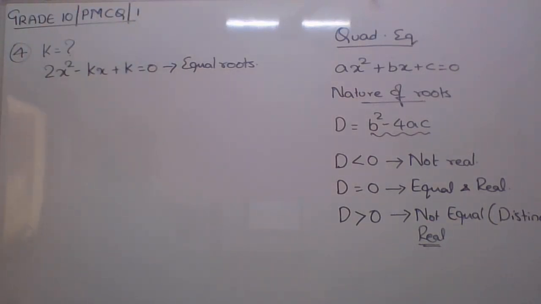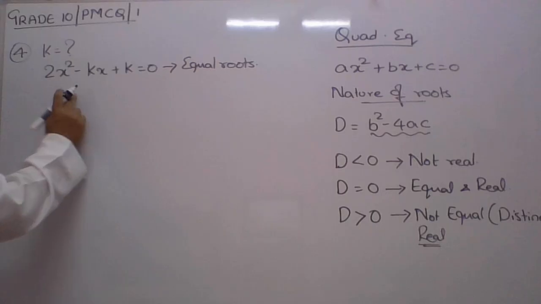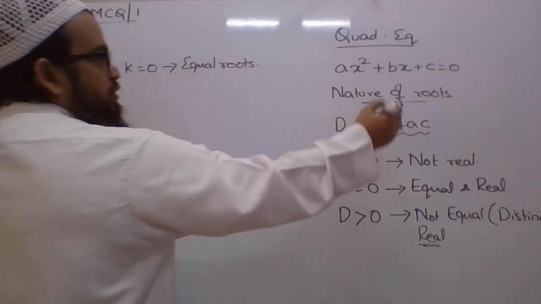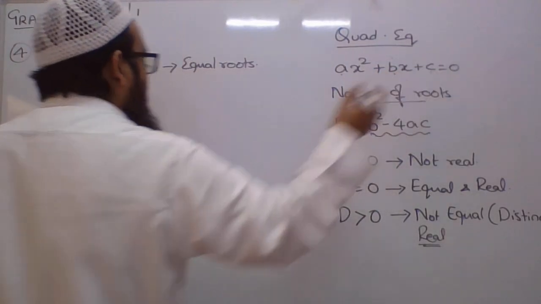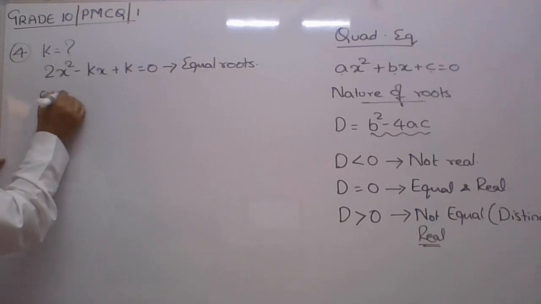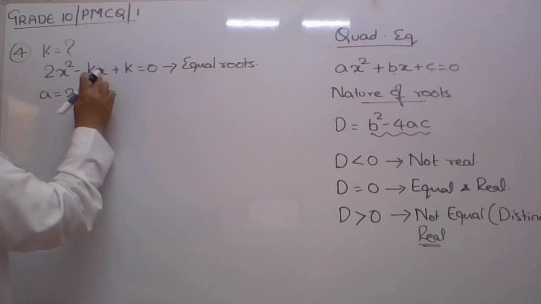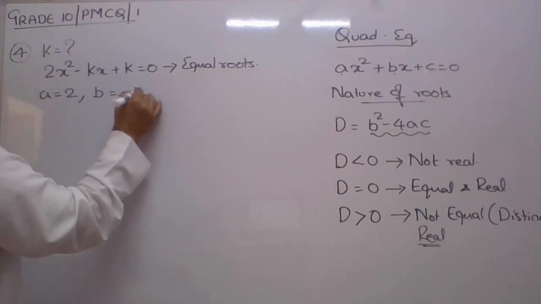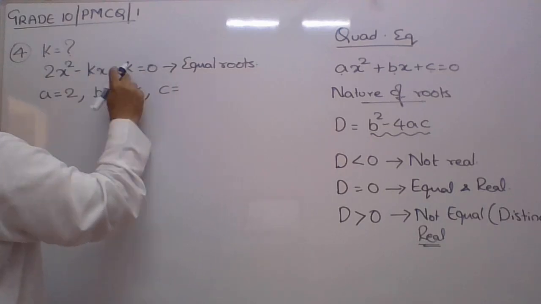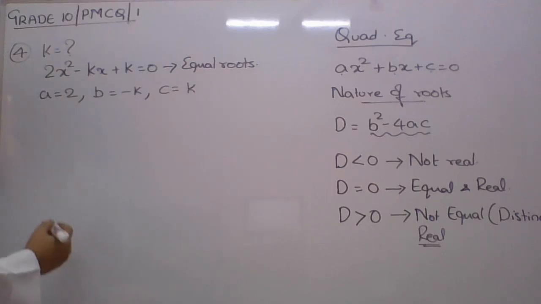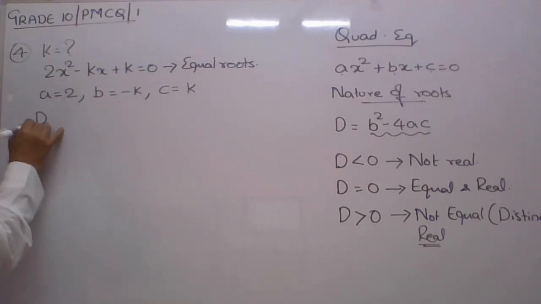Understood or not? Now let us see here what is given. The first step is to find the coefficients. So what is a here? a is 2, the coefficient of x square. And what is b? The coefficient of x, it is minus k. And what is c? The constant is k. Now let us find the discriminant.